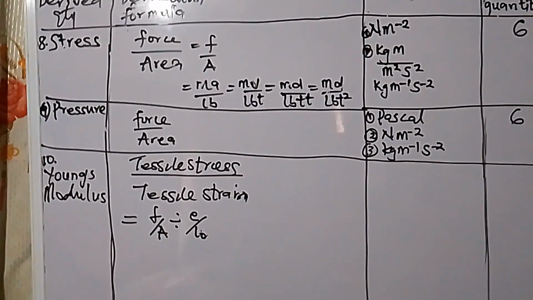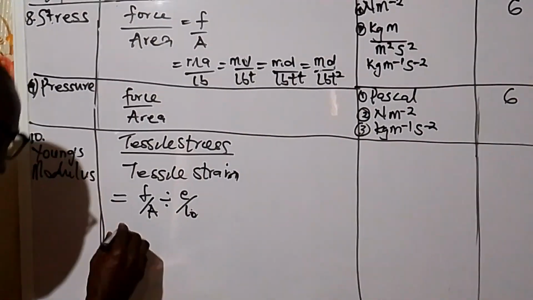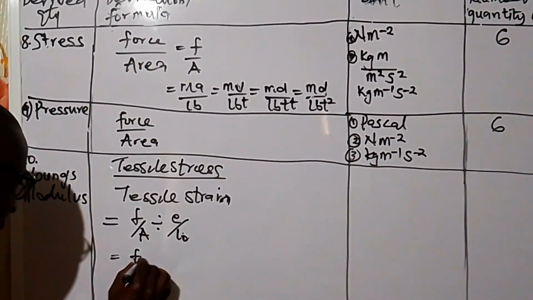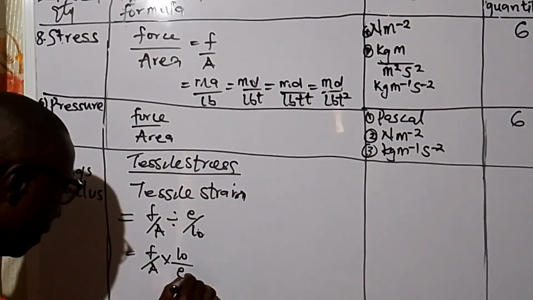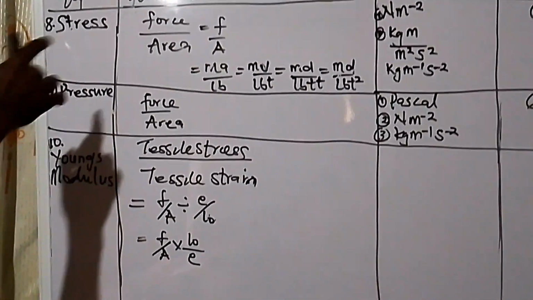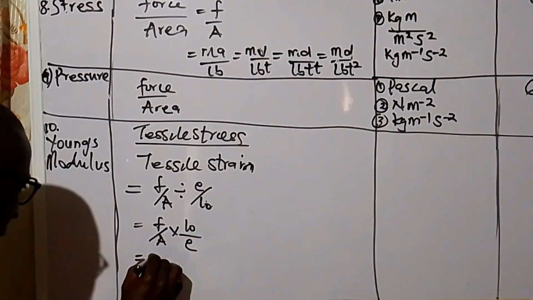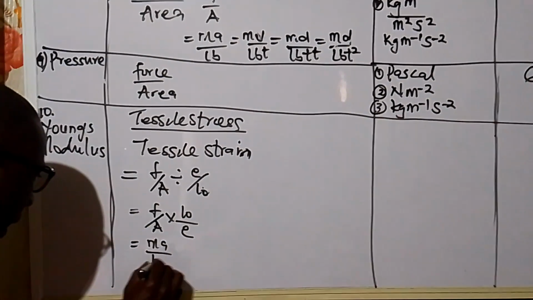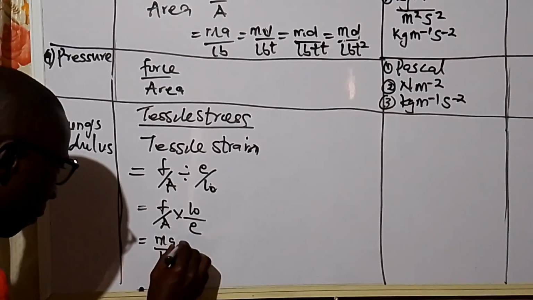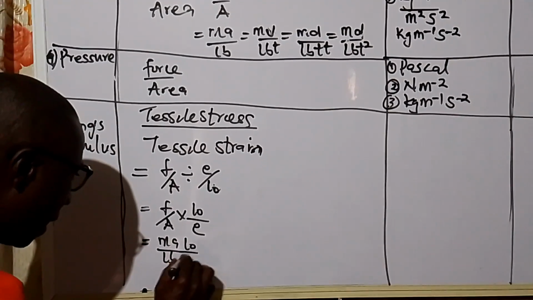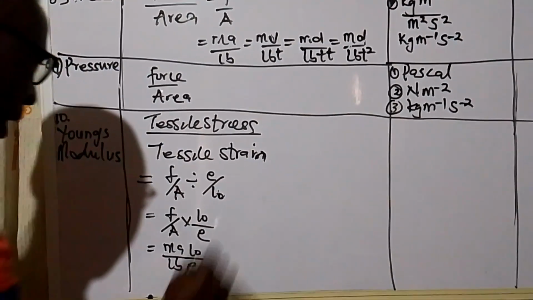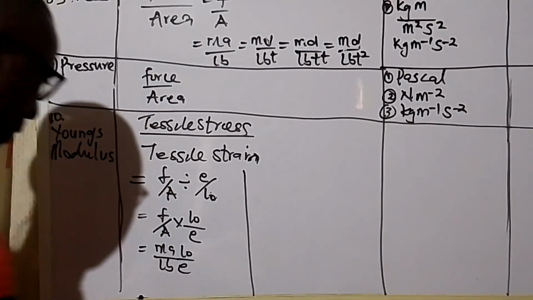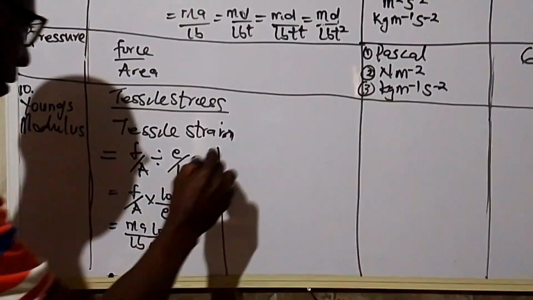So to express further, we are going to have F over A multiplied by L naught over E. Mind you, we can now have MA over LB multiplied by L naught over E. Now, if we express further from this point, A is derived.